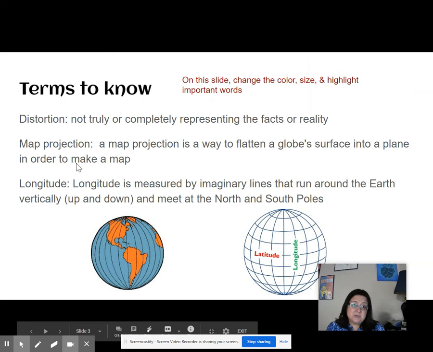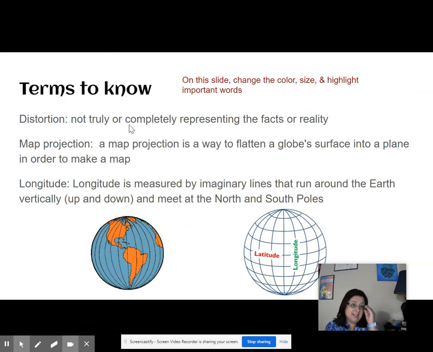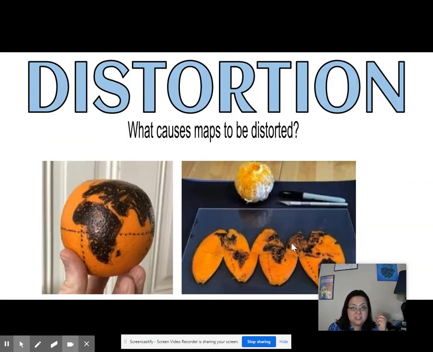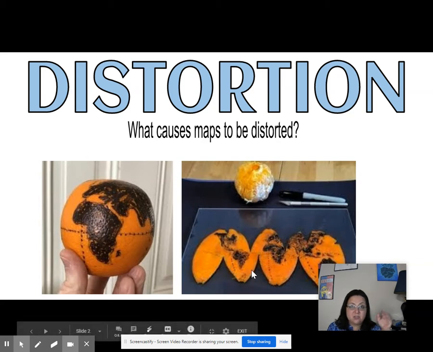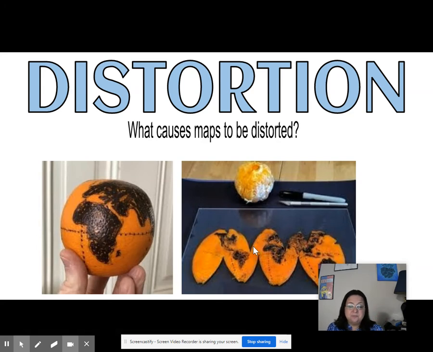When you are looking at this one, you need to make sure that you are doing a color, size, or highlight of important words, not just distortion. You also need to highlight what word in the definition is probably the most important. When we're looking at distortion, it's saying that if I make this into a paper and try to stretch it into a nice rectangle, there are going to be distortions.